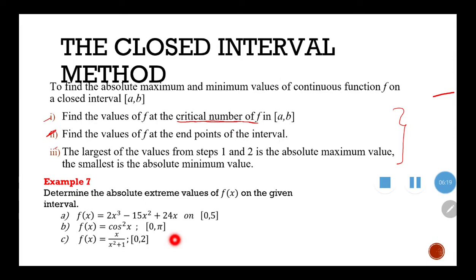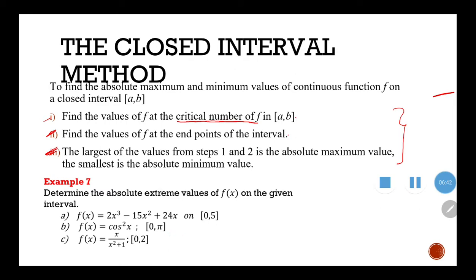Okay, and then number 3 wants us to find the largest and smallest of the values from steps 1 and 2. Find what point is the absolute maximum value and what point is the absolute minimum value.